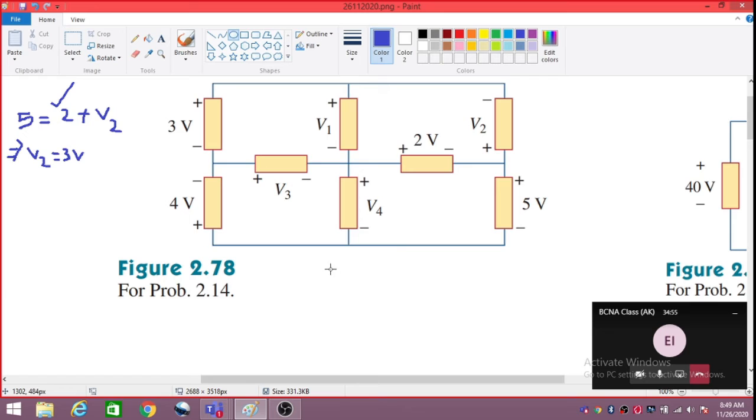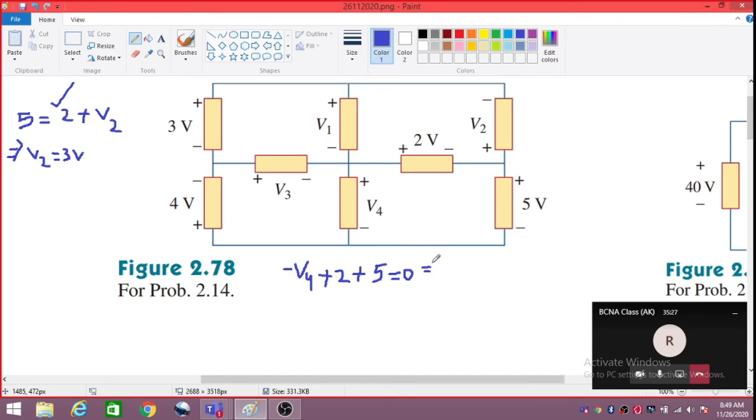Okay. So what will be the KVL equation for this loop? Sir, minus 4, plus V4... Minus V4 plus 2, plus 5 equal to 0.